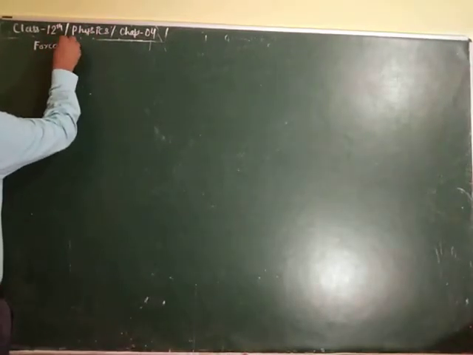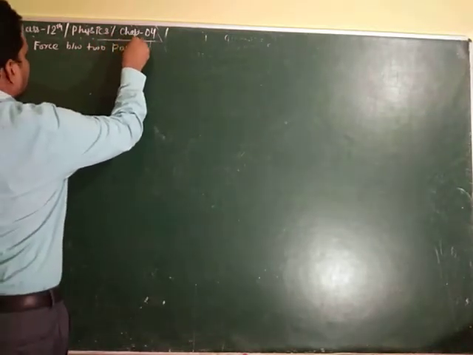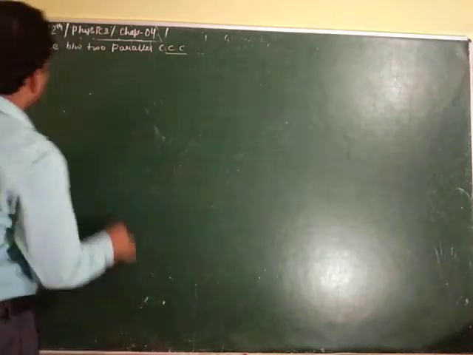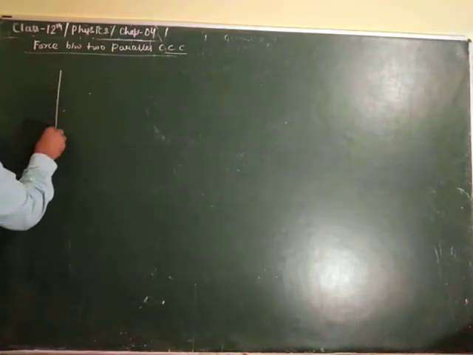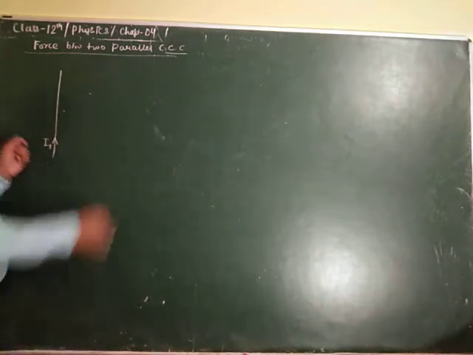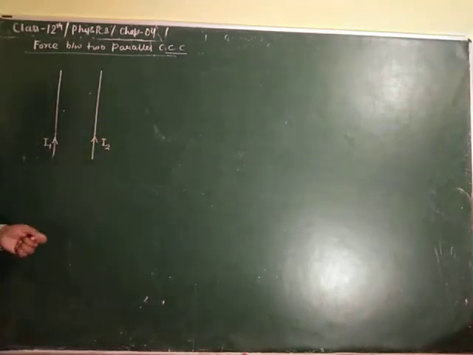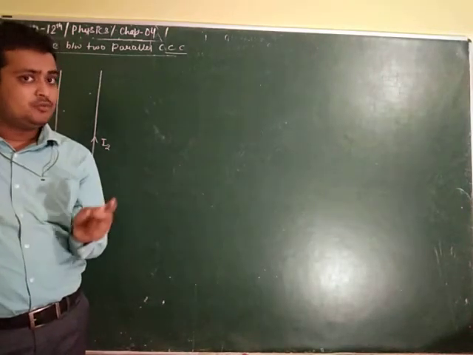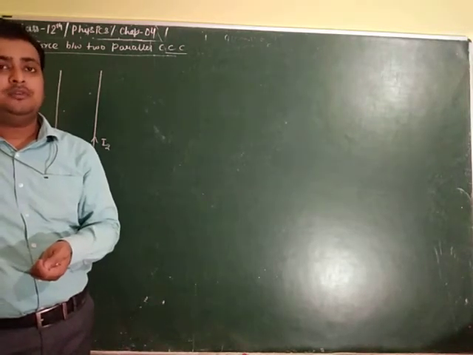Now we will see the force between two parallel current carrying conductors. For this, let us consider a conductor carrying current I1, and another conductor here carrying current I2. Both are carrying current in the same direction, and they both create a magnetic field around themselves. But here we will consider them one by one.